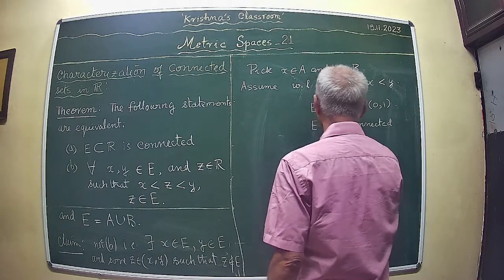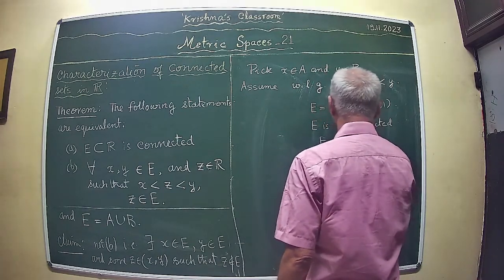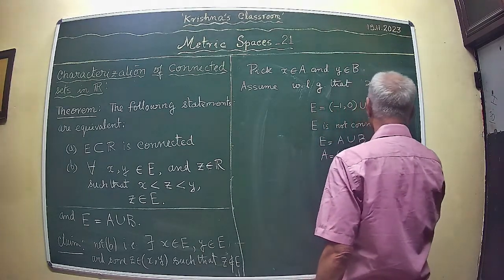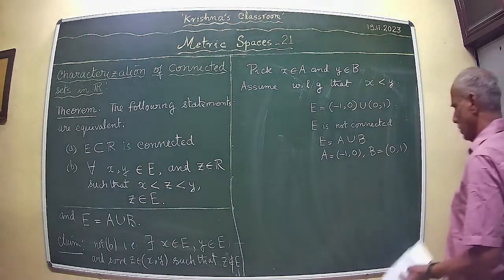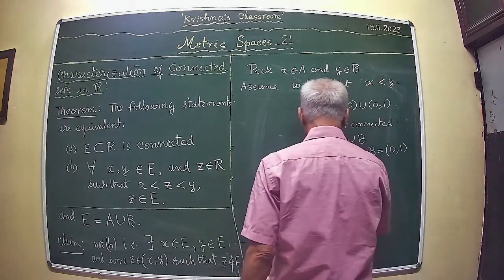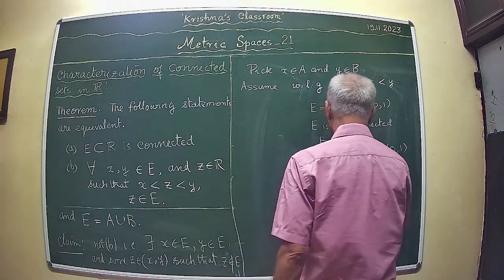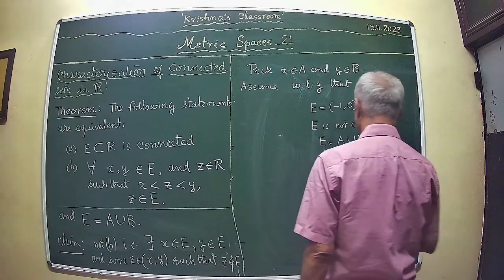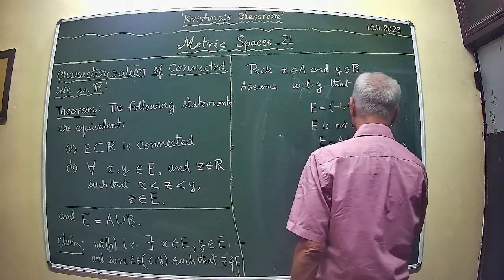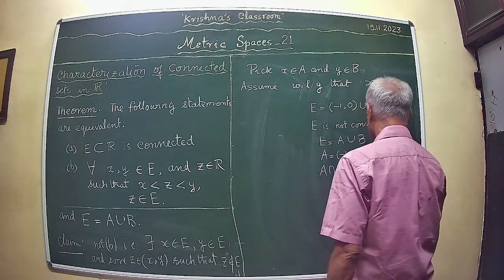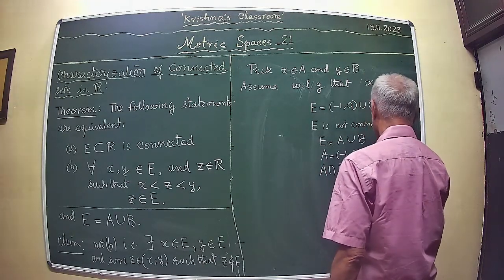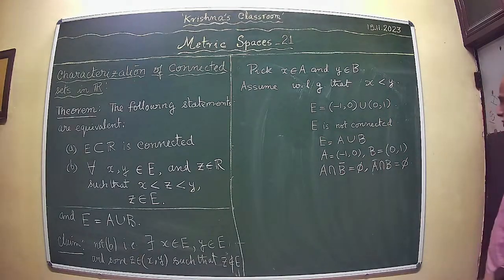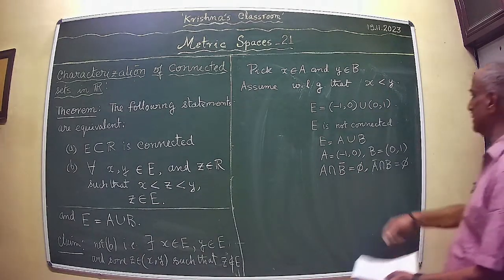E can be written as A union B, where A equal to (-1, 0) and B equal to (0, 1), with the property that A intersection B closure is empty, and A closure intersection B is also empty, that you can easily see, because this is the A that you are taking.